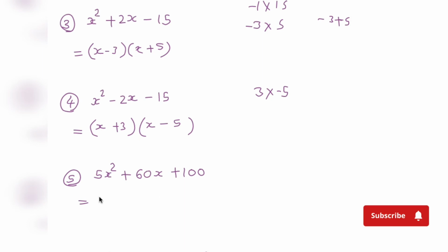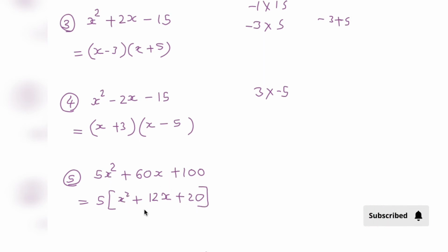Can we take 5 common? Yes, so 5 times x square plus 12x plus 20, because 5 times 12 is 60, and 5 times 20 is 100. And now we can factorize this expression.